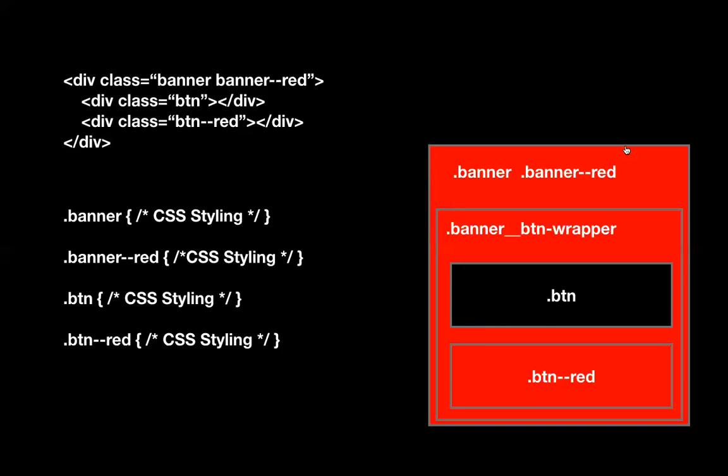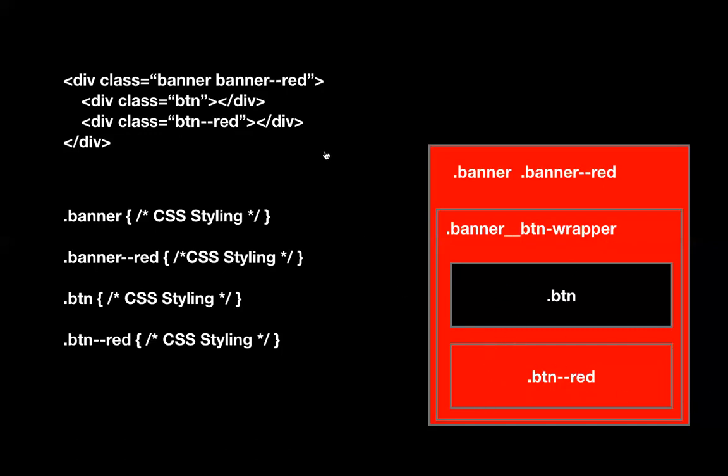How would you solve this problem? The way you would solve this problem is by having a button wrapper. This can be considered an element, and this element could only exist within this block. What this button wrapper could do is be in charge of placing these button blocks.